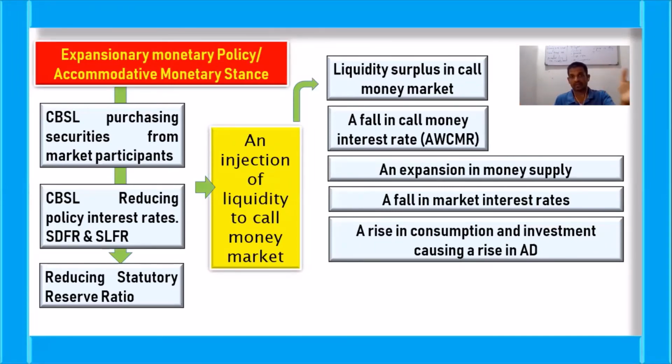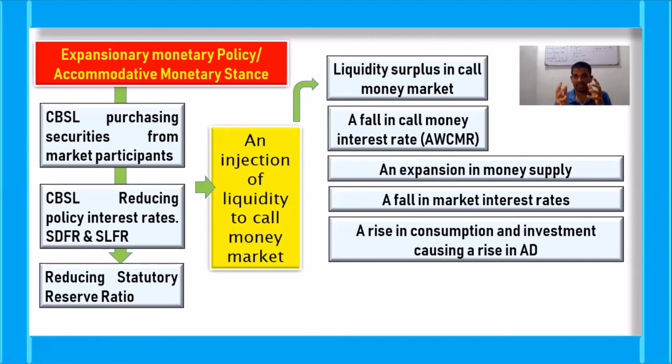Therefore, the central bank will adopt this expansion in monetary policy only when the economy is performing below potential. The central bank calls it subdued economic activity or subpar economic growth.